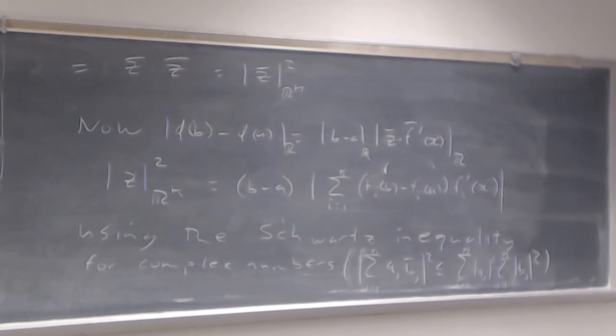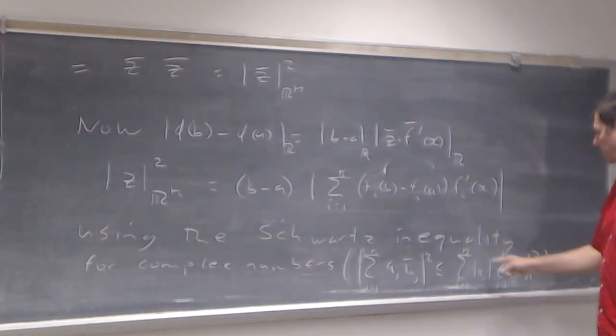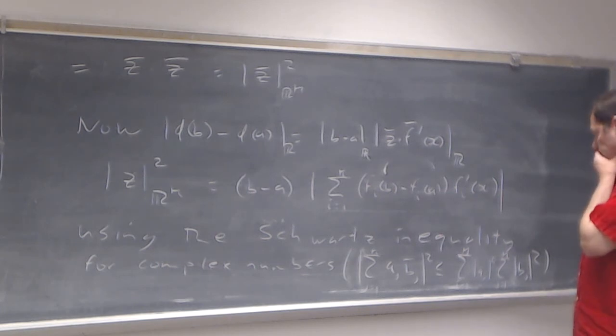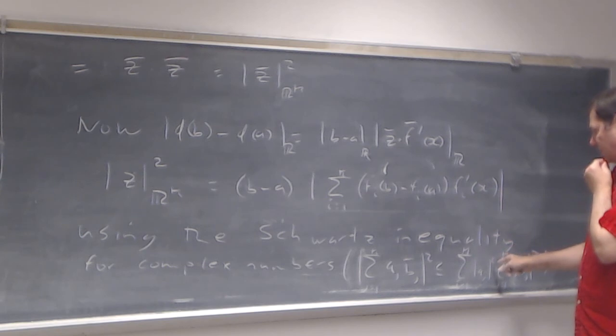Let me stop for a second and go back. Here, this is our a, and this is our b. So this will be the sum of these guys being squared. Well, that's nothing more than Z bar being squared, and we take the square root of it using components, so that just gives Z bar.